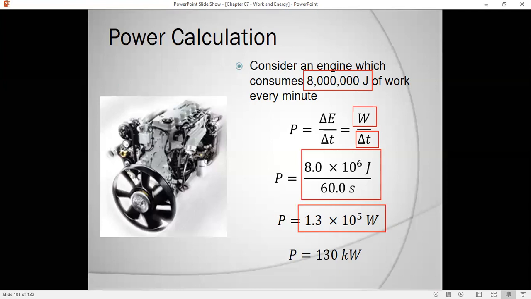This is 130,000 watts. Probably more convenient to use a metric prefix, 130 kilowatts. So that engine right there, what's producing that much work, its power is 130 kilowatts.